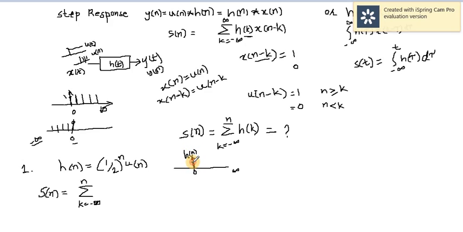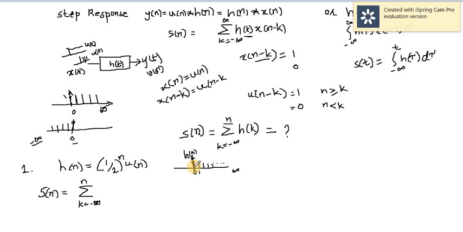When n is 1, it is half, and when n is 2, it is 1 by 4. Like that, the values go on decreasing as n increases. So it is a decaying discrete exponential signal.